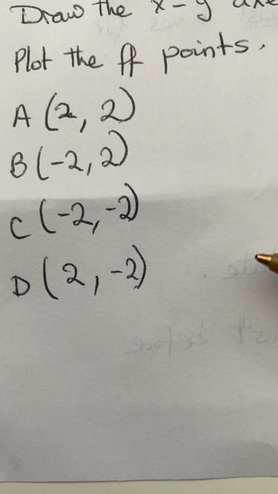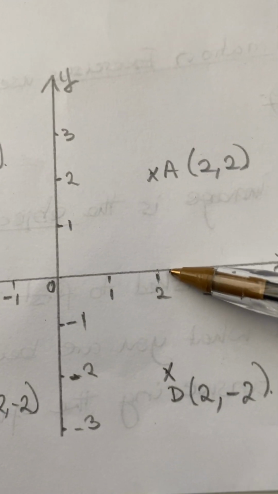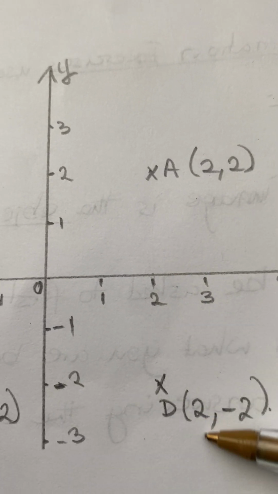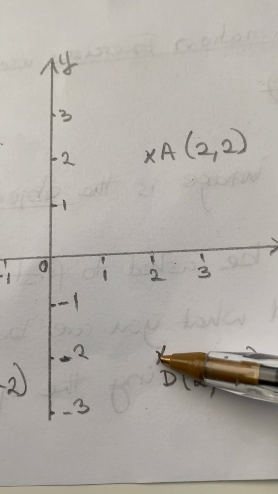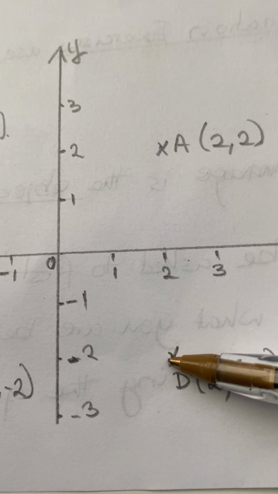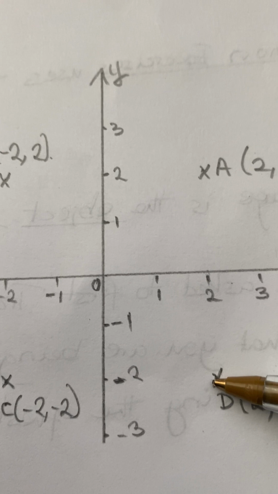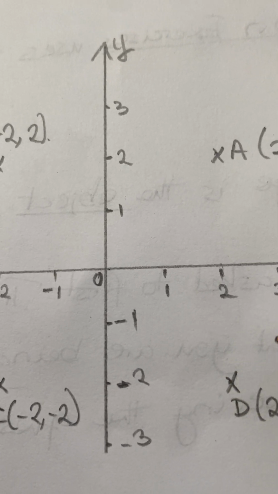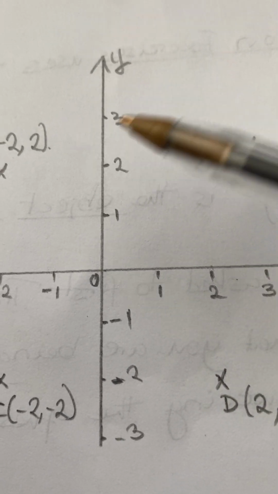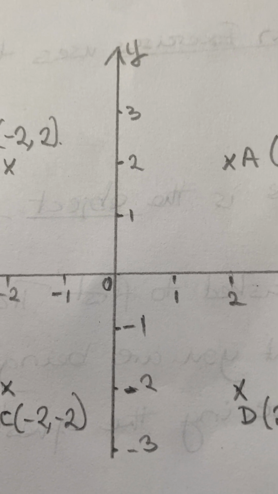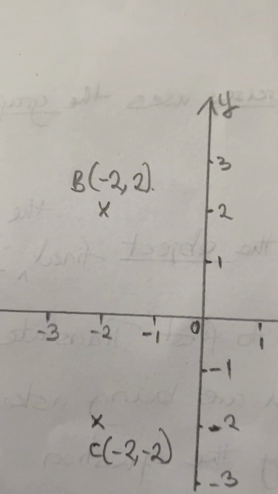D, 2 and minus 2. So that will be my point D. GCSE recap, so that you are sure that you understand the plotting of points.